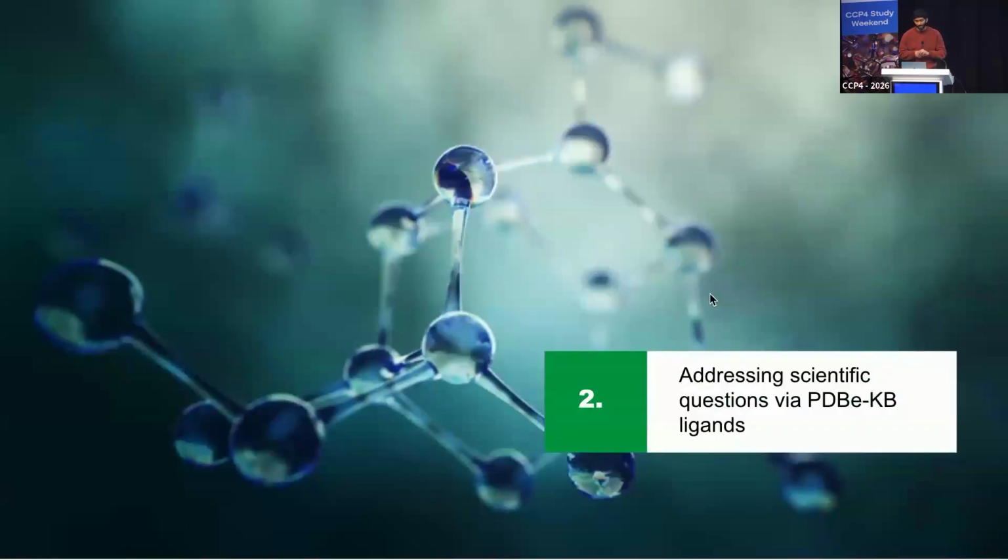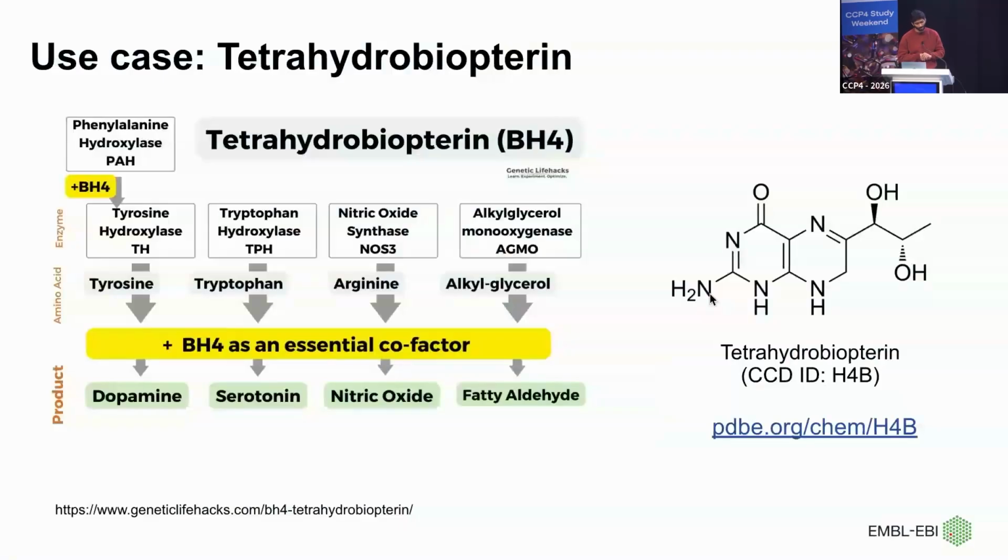Now that you have some idea about how ligands are represented, I'm going to talk a little bit about how you can ask different questions about ligands. If you have an interesting ligand you want to analyze, how can you use the PDB resource to ask such questions? If you have your laptop open, I would suggest you follow along. These are going to be some snapshots of the website, or otherwise I will show what utilities are available.